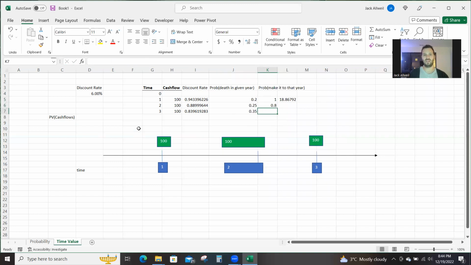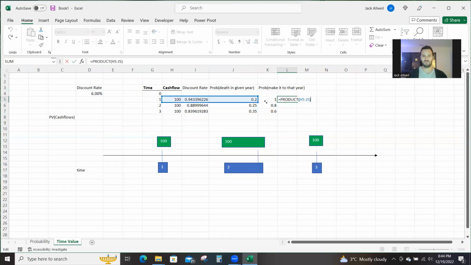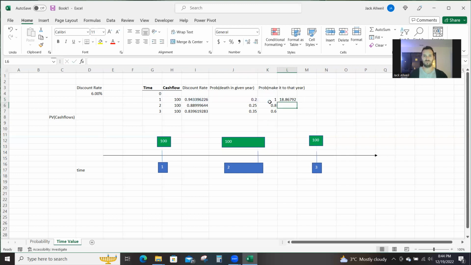So there's an 80% chance they make it to the second year. And given they made it, this is conditional on them making it to that second year. They make it past the first year times 1 minus, they make it past that second year of death. We really want to take the product of all 4 of those.